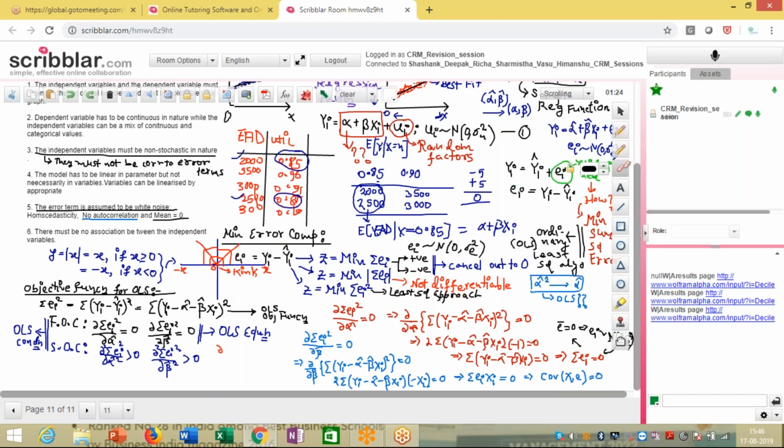So let's say our equation was something like this. Over here you see that this alpha hat square is nonlinear, right?